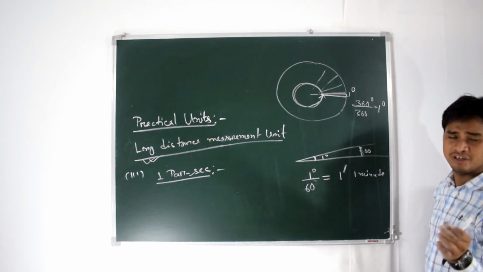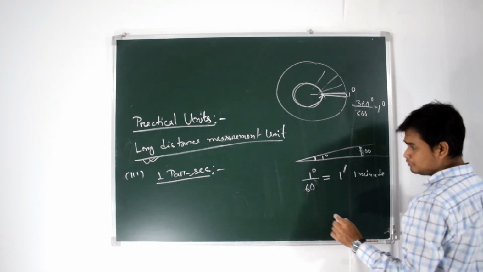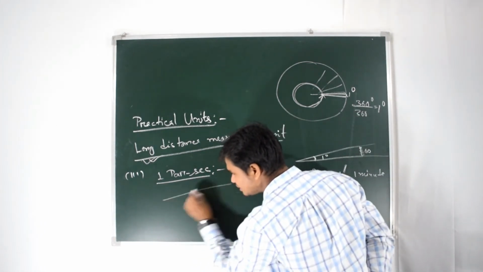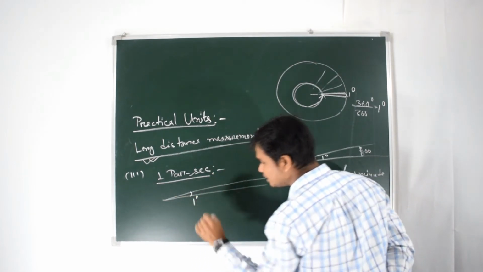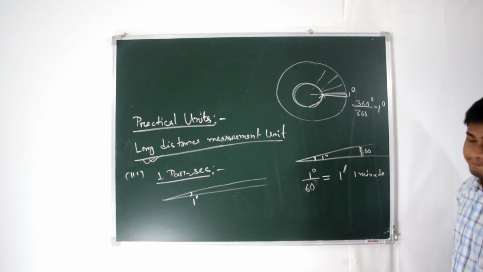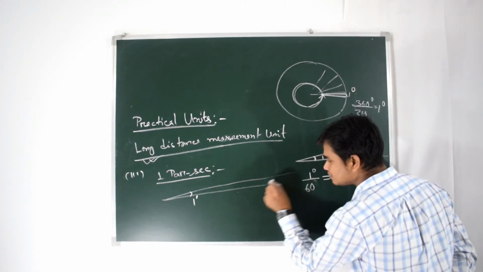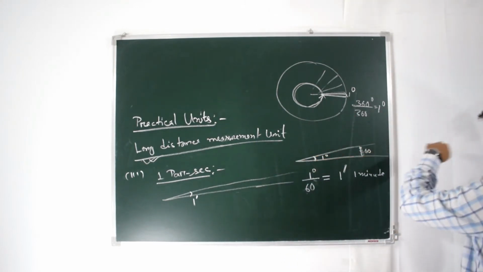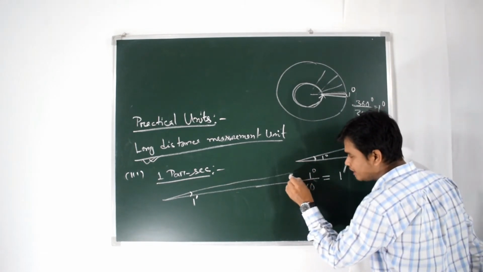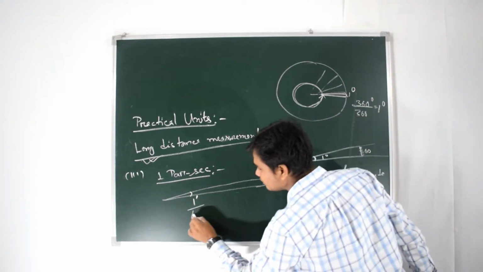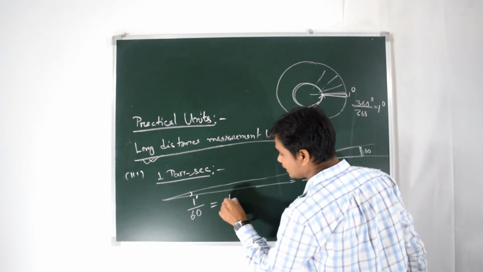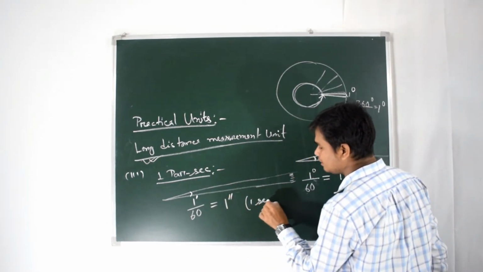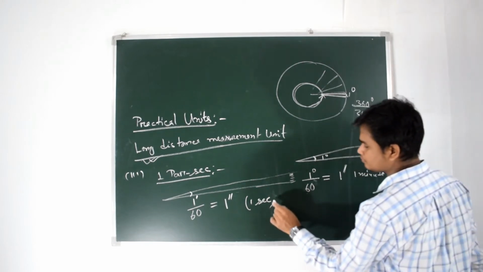So 1 minute is a very small value, right? Now we will increase this and divide it again by 60 parts. Then we will find 1 second.